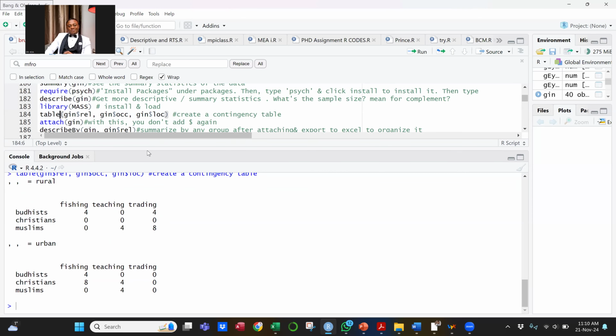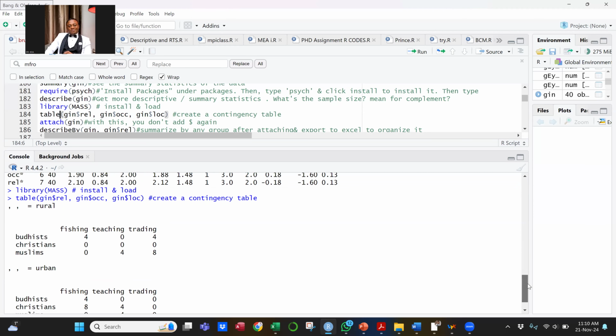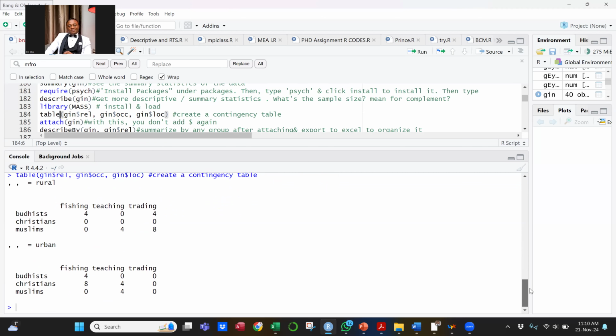So you can see from here that among the rural folks, 8 of them were Buddhist. And out of that 8, only 4 were fishers.